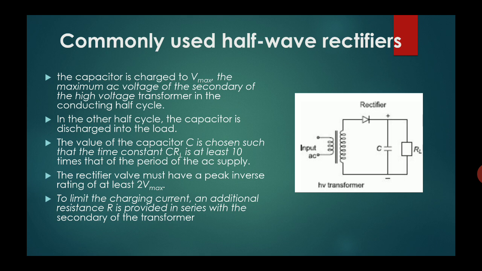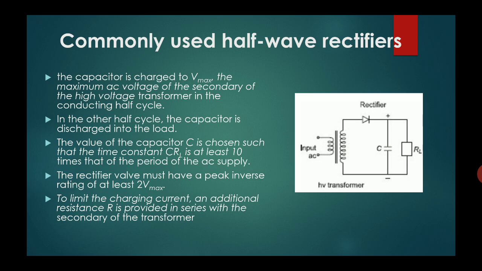The rectifier valve must have a peak inverse rating of at least 2 Vmax. That means obviously the rectifier should withstand twice the maximum of the AC voltage, because in the negative part of the cycle the rectifier will be affected with twice the maximum of the AC voltage.